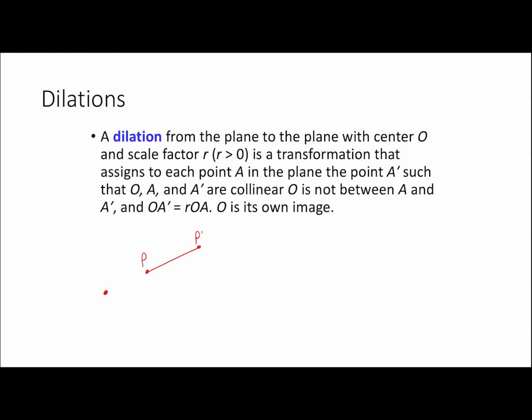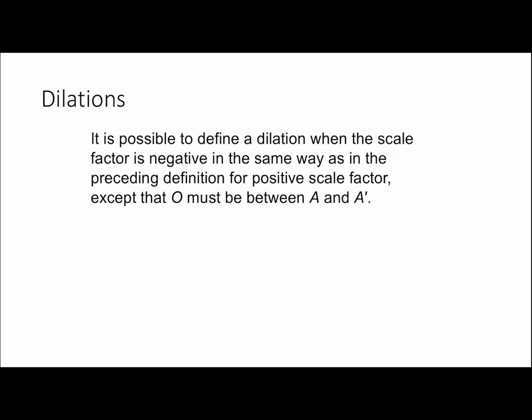And what it's saying is that if we want to dilate that, make it longer, then we could have, again this is O, we could extend this line to where we have OP and OP prime, and so we can compare those two together. Okay, we use P and P prime, not A and A prime, but it's the same concept. And so it's this idea of side lengths expanding, getting longer, and that's going to tell us how much bigger the image gets. So let's look at some examples.